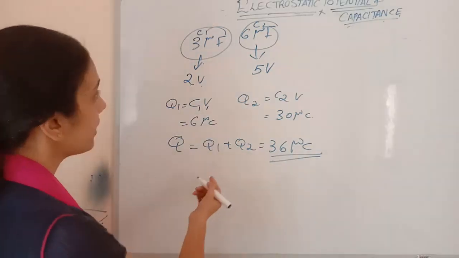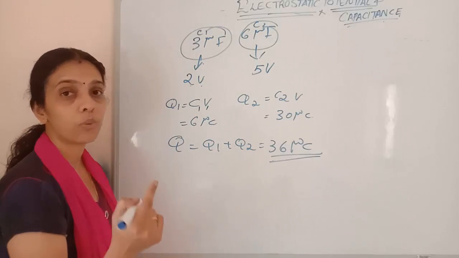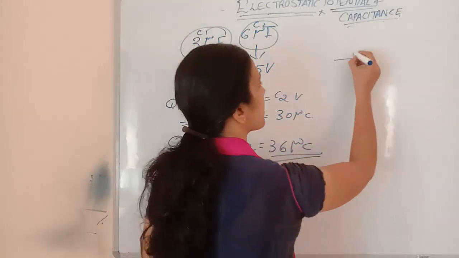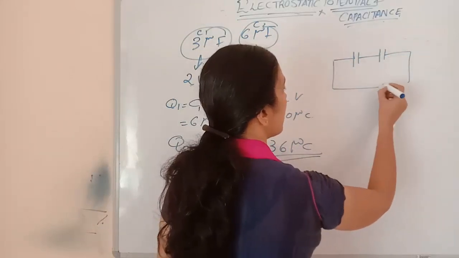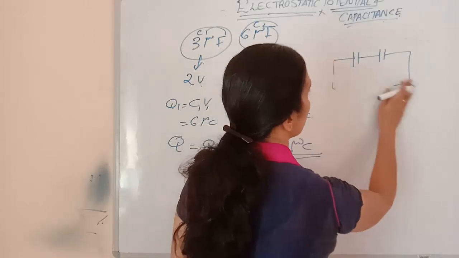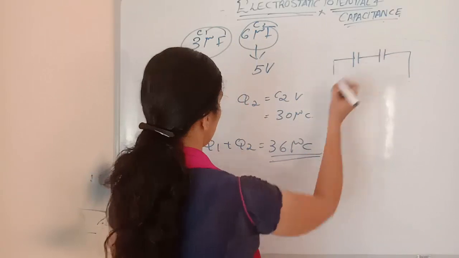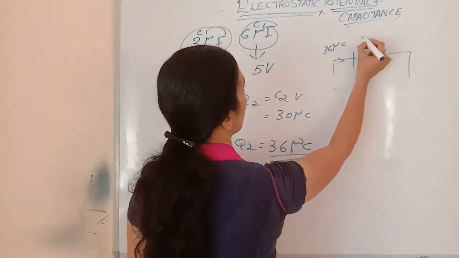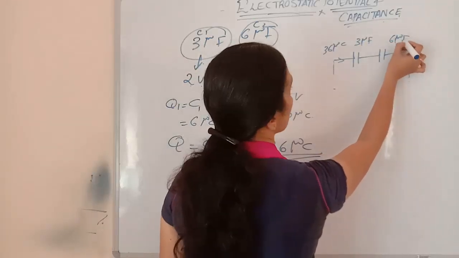Now we should find out, if they are connected in series, what will be the potential on each capacitor. While connected in series, the total charge of 36 microcoulomb is given across the 3 microfarad and across the 6 microfarad.